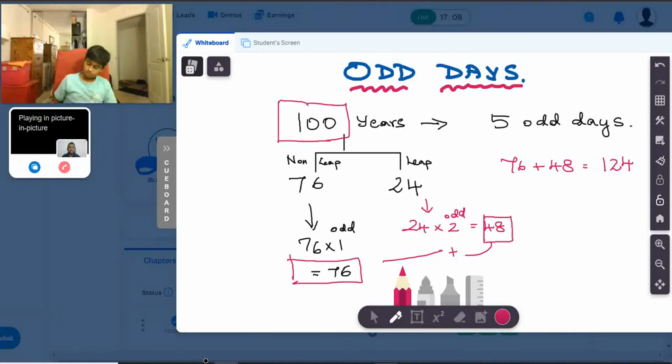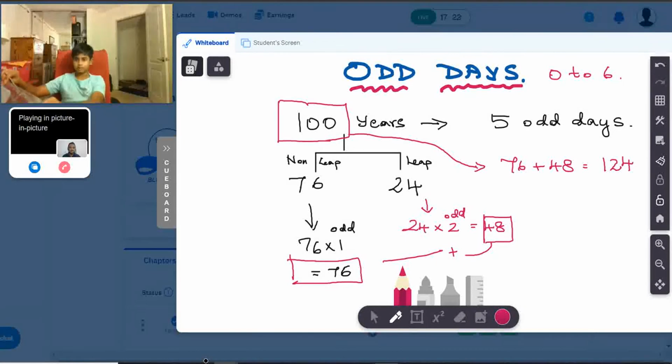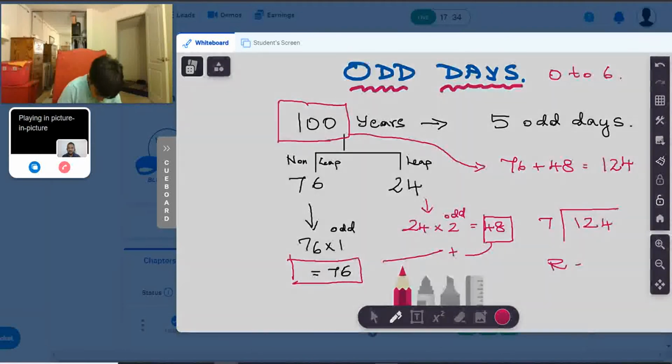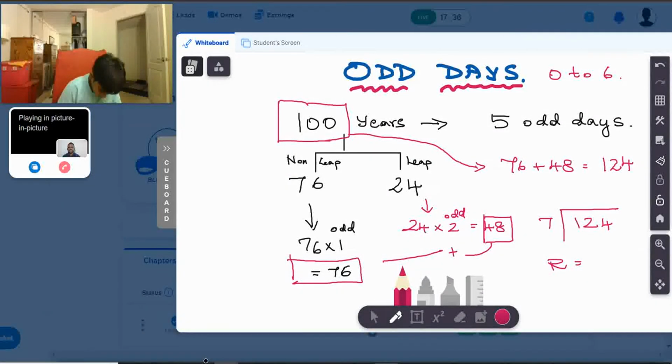So you get 124 odd days for 100 years. But odd days are always mentioned from 0 to 6 only. I will tell you why later on. So let's find the odd days for 124: you divide it by 7 and find the remainder. What is the remainder when you divide 124 by 7?